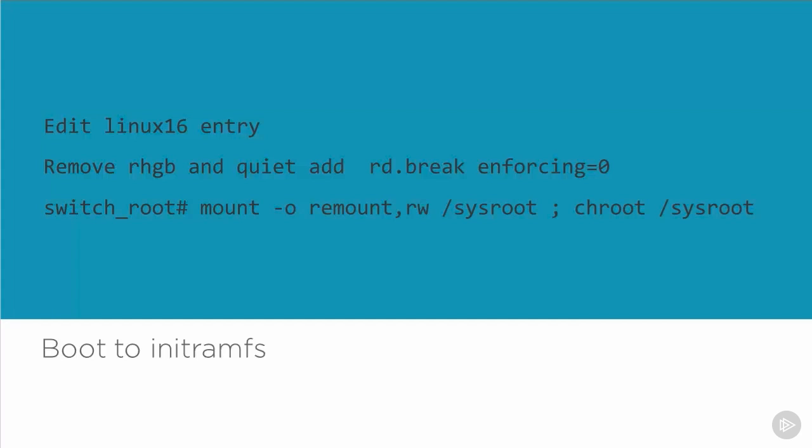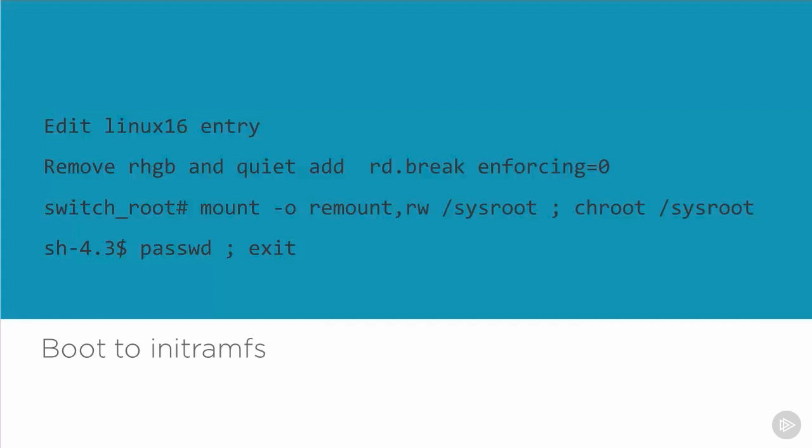As we then boot, we can use Ctrl+X to boot, and we'll be prompted with the switch_root prompt. From here we need to remount our root file system, which is currently mounted at the /sysroot directory, and we're going to remount it read-write. Once we've done that, we can change our root directory to be /sysroot.